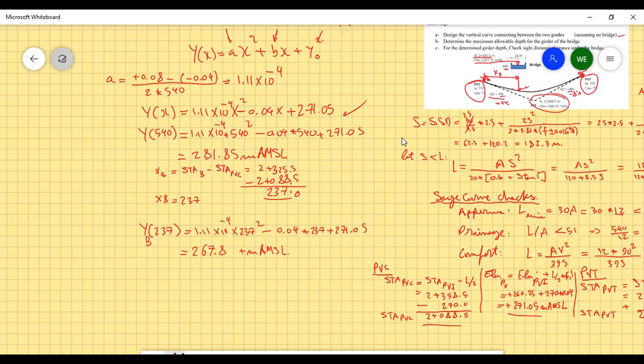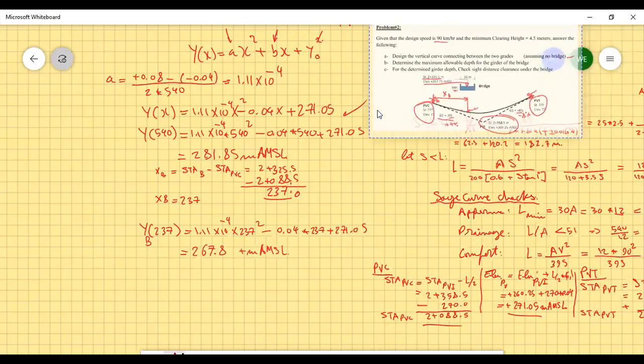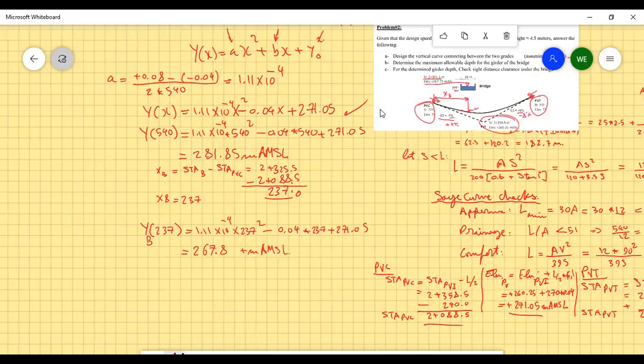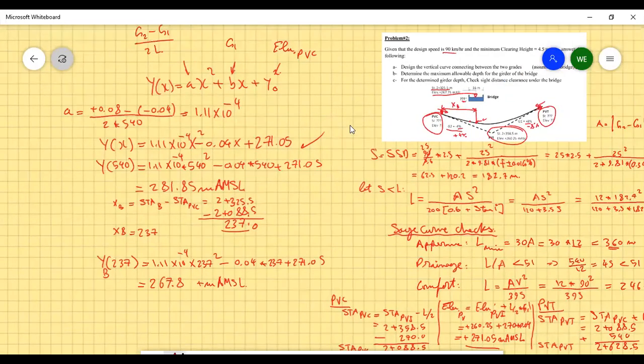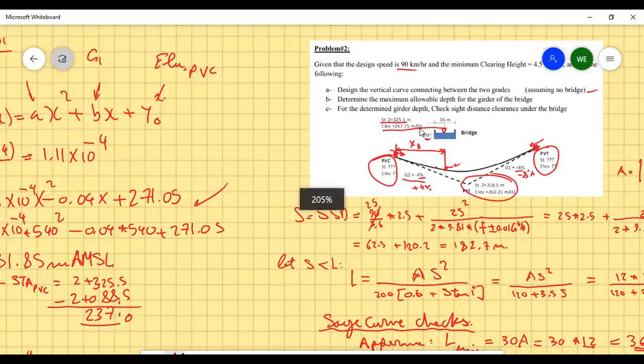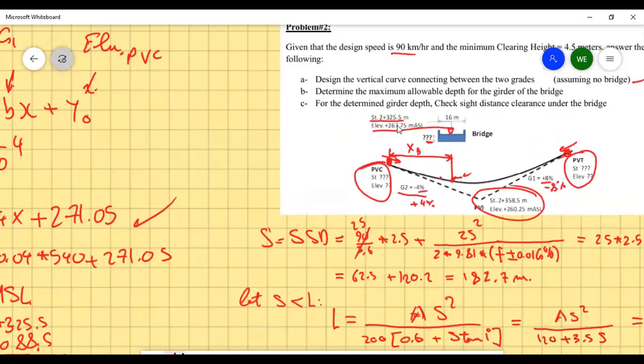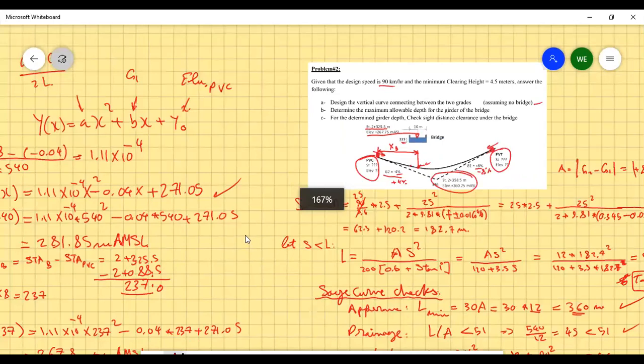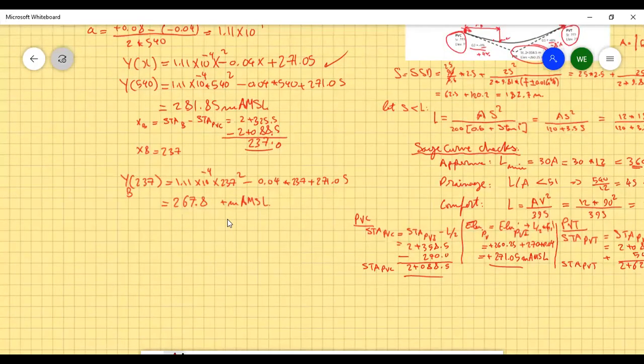Now the clearance required, okay, so that's the elevation of the bridge. So based on this condition, there is basically no room to do anything.